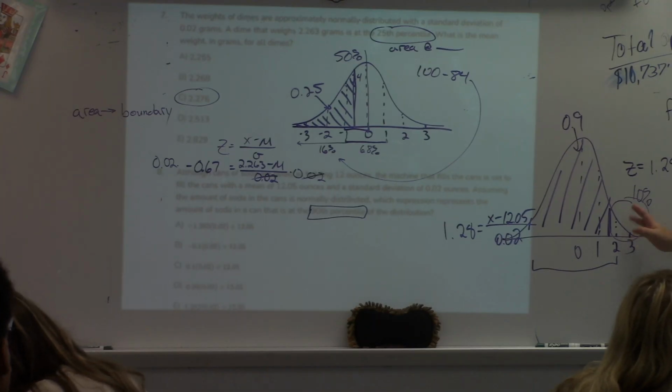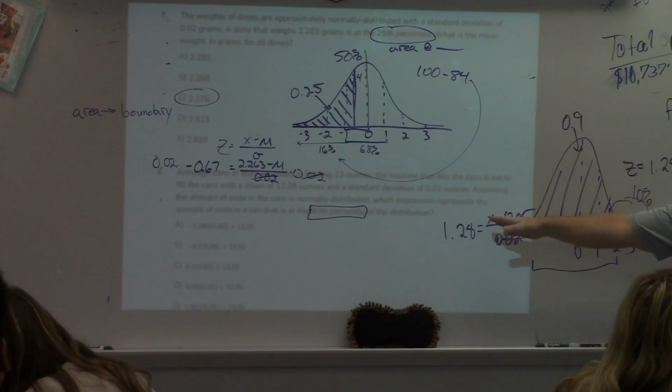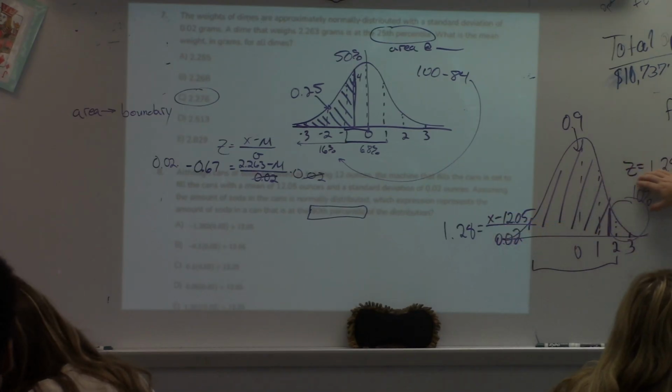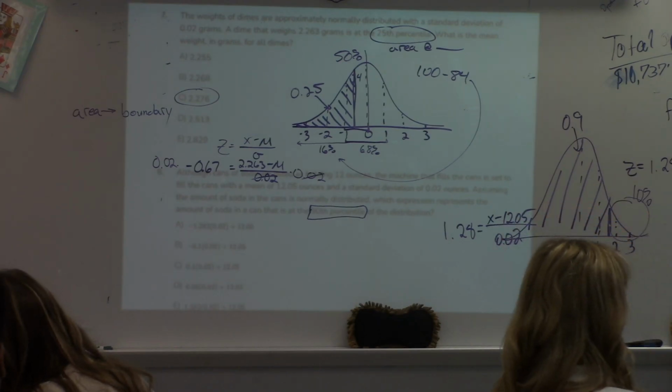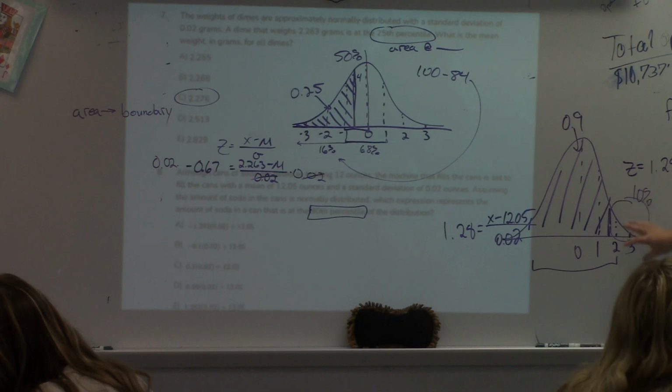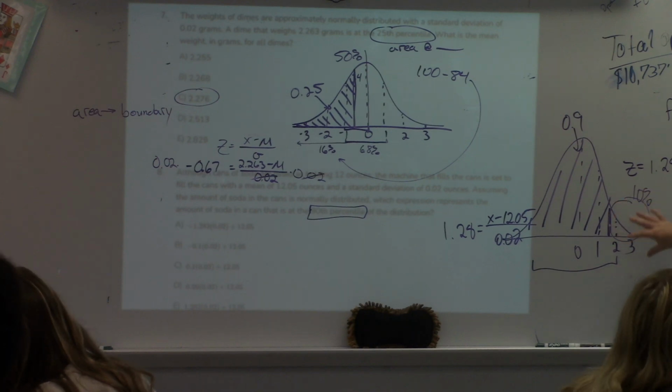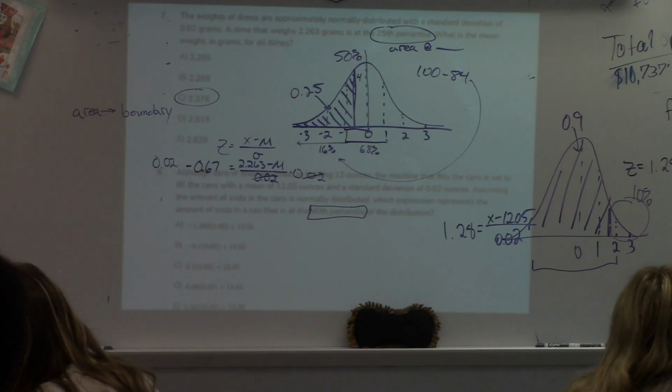But the TI Inspire can only do at or below. So if we wanted the top 10%, it would actually be exactly the same as this, because you need the area at or below on the TI Inspire. So just keep that in mind. If you're ever asked about the top tail, the rightmost tail, you still need what's to the left on the TI Inspire.